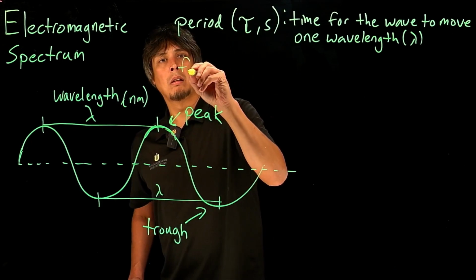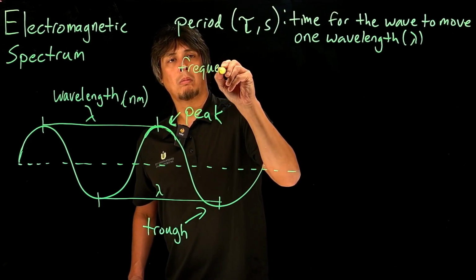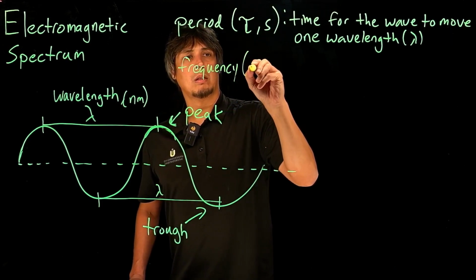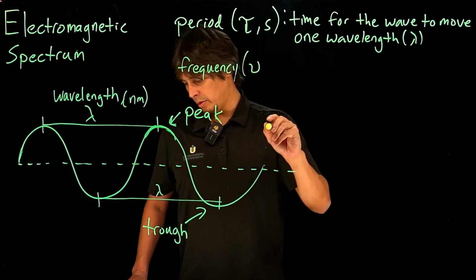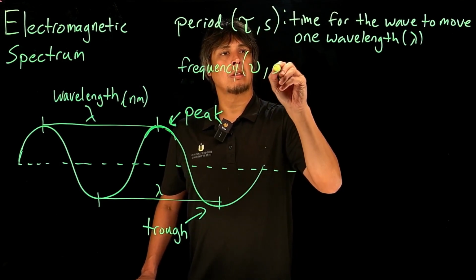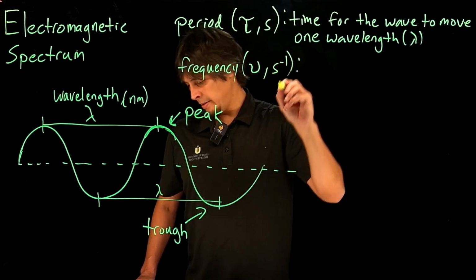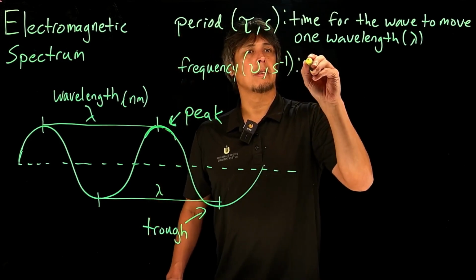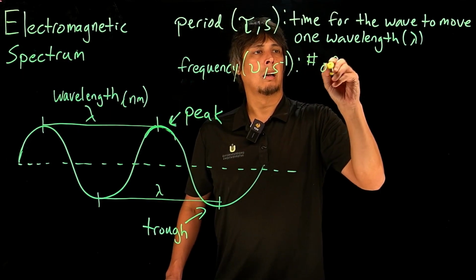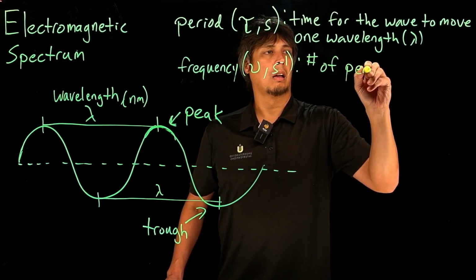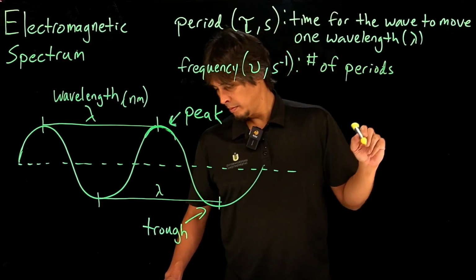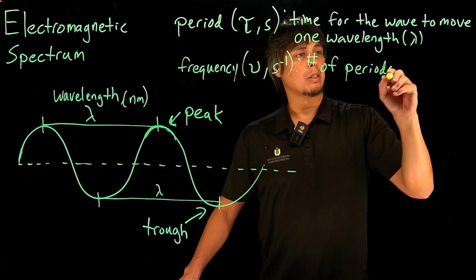Frequency takes this Greek letter nu, okay? And this has units of per second. This is the number of periods per unit time.